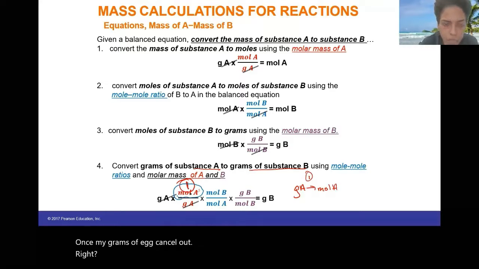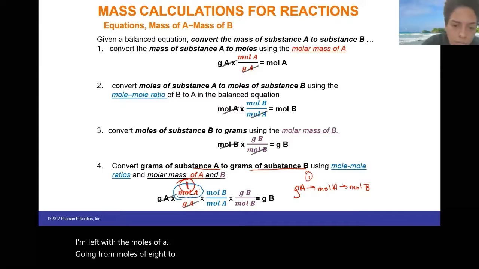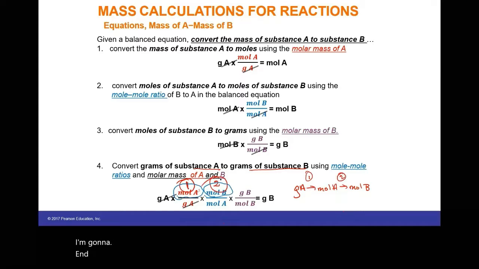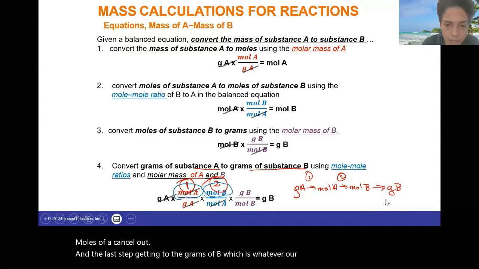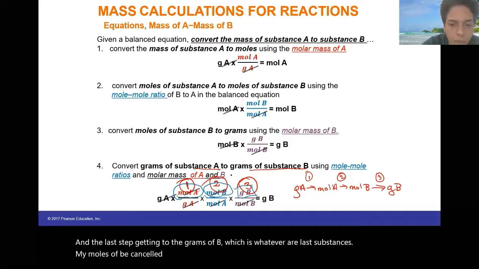I'm left with the moles of A. Going from moles of A to moles of B, I'm going to end up with that once my moles of A cancel out. And the last step, getting to the grams of B, which is whatever our last substance is, my moles of B cancel out and I'm left with the grams of B.